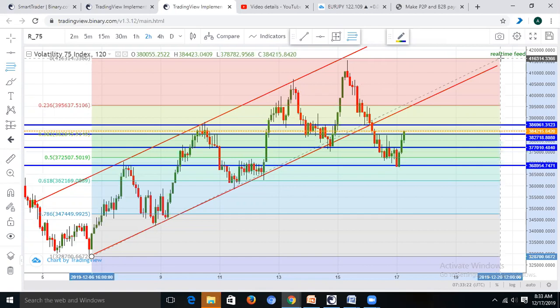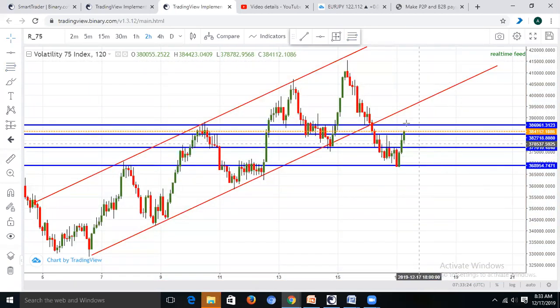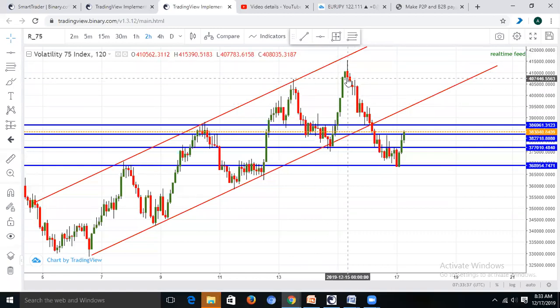So according to Fibonacci, this market is still bullish. But let's see what happened. It may touch here before retesting, before pulling back.